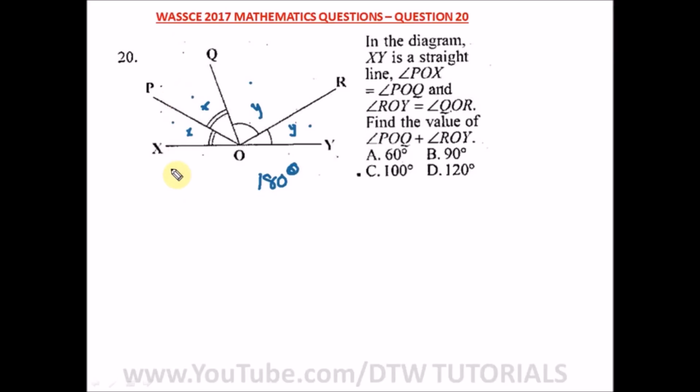So whatever we pick for X will also be this angle, and whatever we pick for Y will also be this angle. Let's say we pick 30, because 30 plus 30 is 60, and 60 plus 60 is 120, and 120 plus 60 will give us 180.